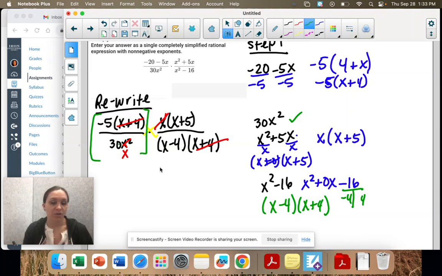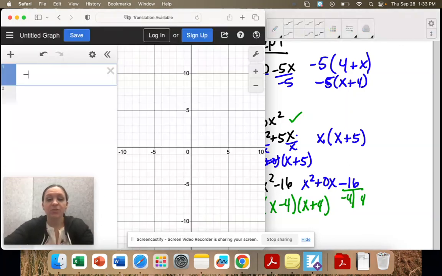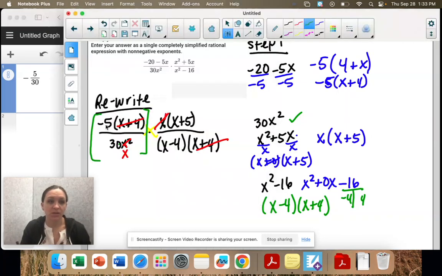negative 5 over 30. And it's okay if you need to use your calculator. Those both divide by 5, which would leave negative 1/6. Totally okay if you want to type it in though. Okay, so negative 1/6.